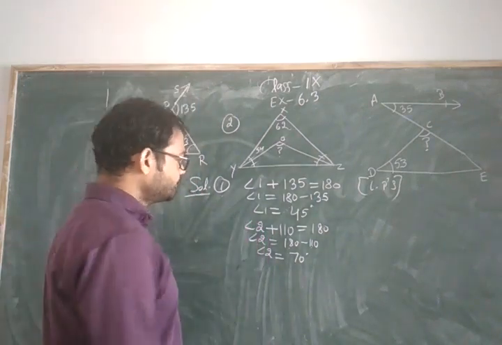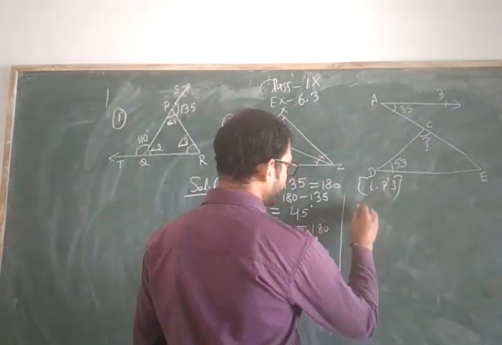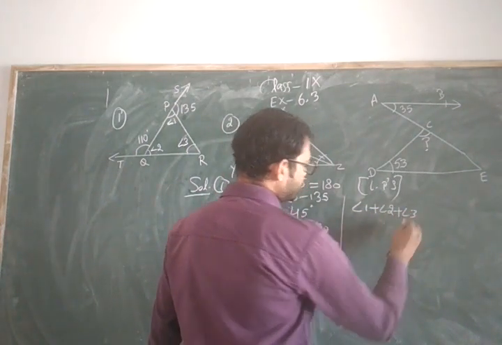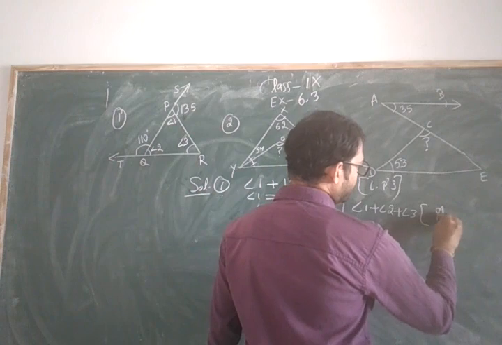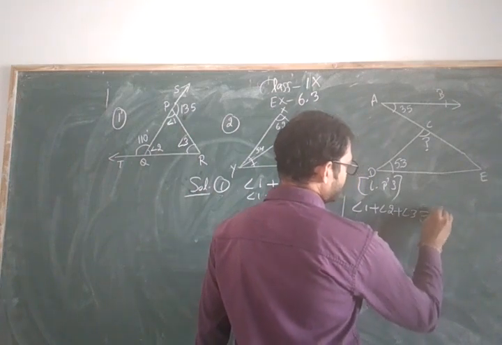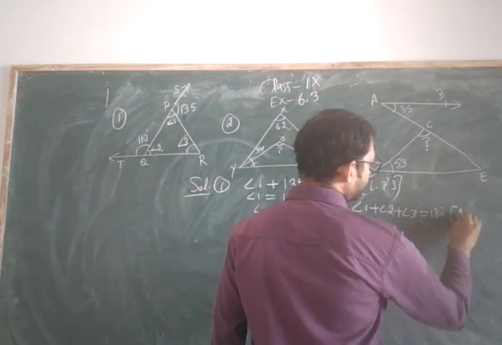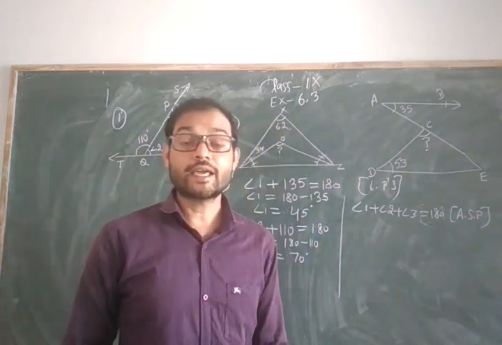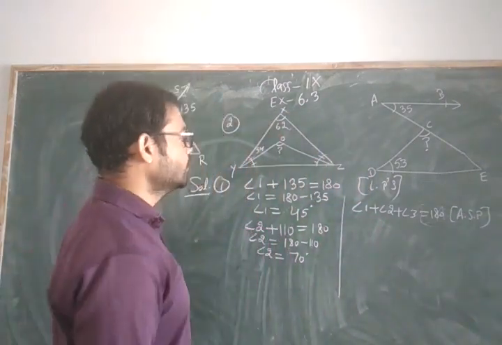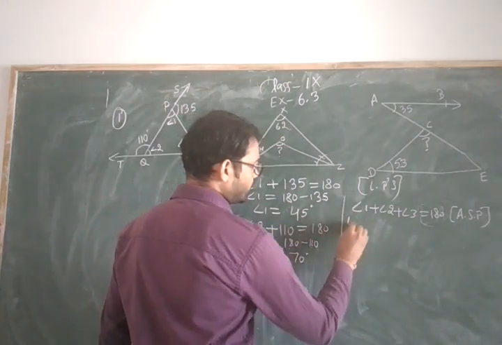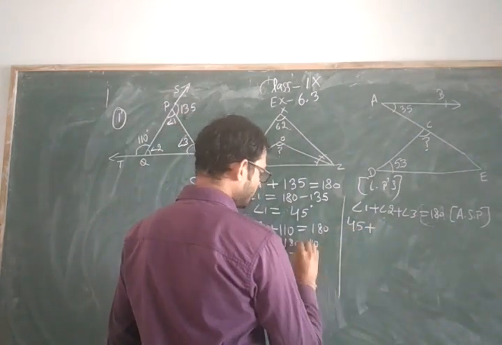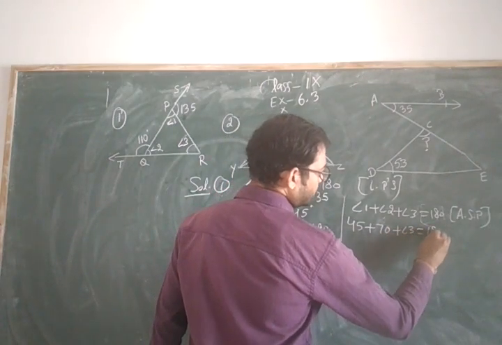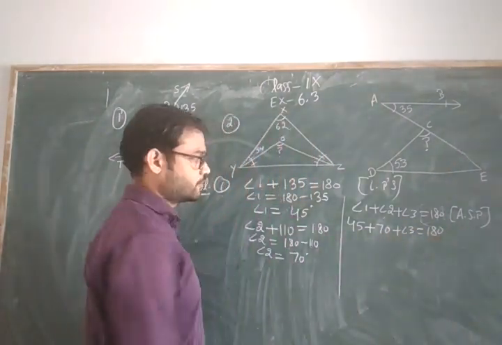So now I can write that angle 1 plus angle 2 plus angle 3 is equal to 180, and the reason is angle sum property. Okay, that is known as angle sum property. So you know the value of angle 1 is 45, angle 2 is 70 degrees, and angle 3 is what we are going to find.